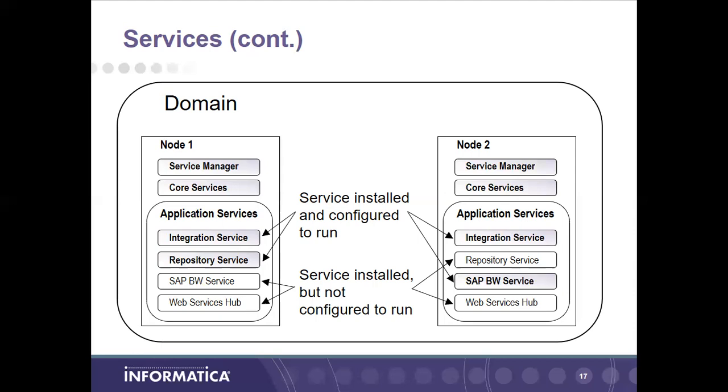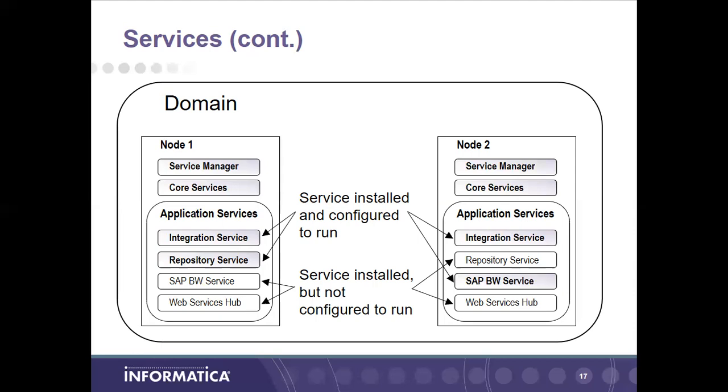Coming to application services, here these are the key things: integration and repository. Integration service, right, is kind of the heart of your Informatica PowerCenter. Whatever request you are giving, it will take that request and communicate with the other services, like the reporter service and client tools, and maybe you can consider it a core service also.